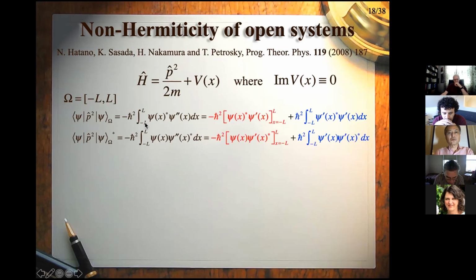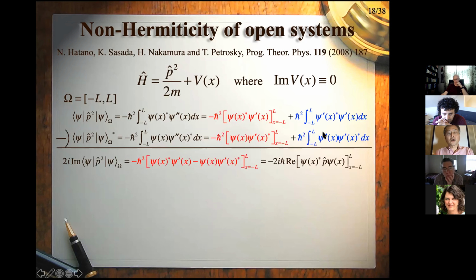If you do partial integration once, you end up with this. The complex conjugation of that is given by this. I move this complex conjugation here, and the partial integration once gives this. Now this and these are real.